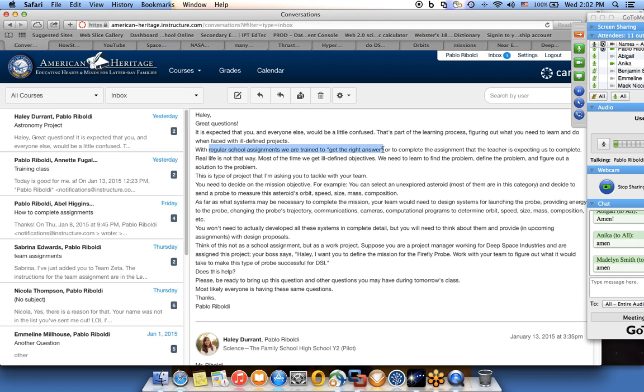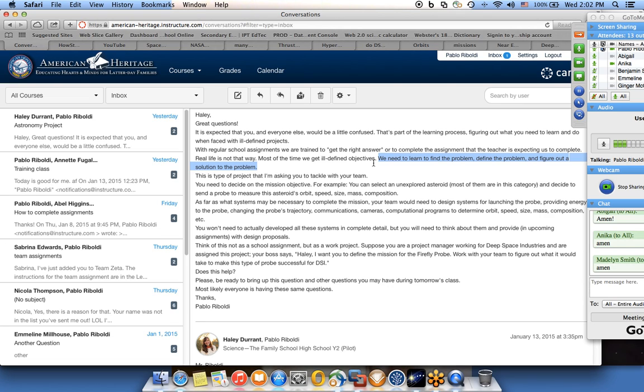Most things in actual projects are ill-defined projects. They are projects that don't have a specific objective, and part of the project is actually to define what the problem is, figure out what the solution to the problems could be, and so on. And that is the type of project that we are trying to engage in here.